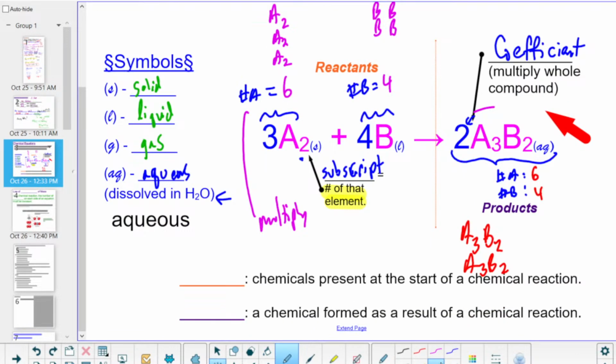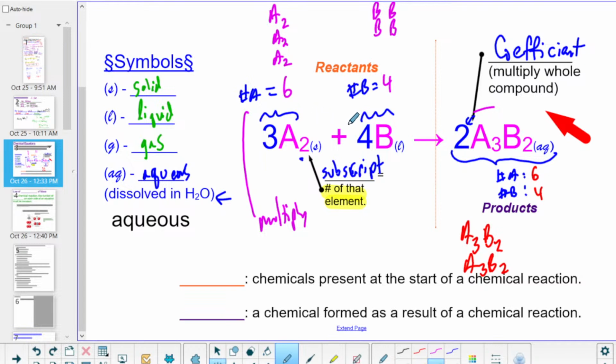Chemicals present at the start of a reaction. Hugo. What's the name for the chemicals at the start of the reaction? Not individually. What is this whole class of things called? The hint is that it's labeled on the diagram.